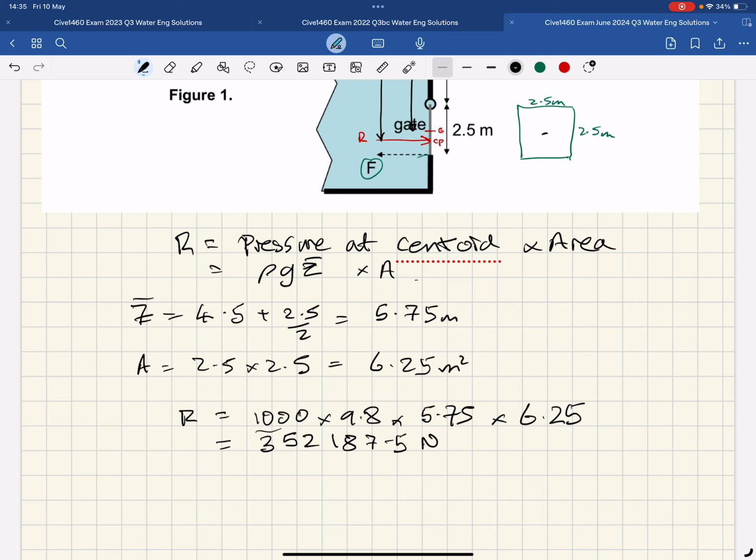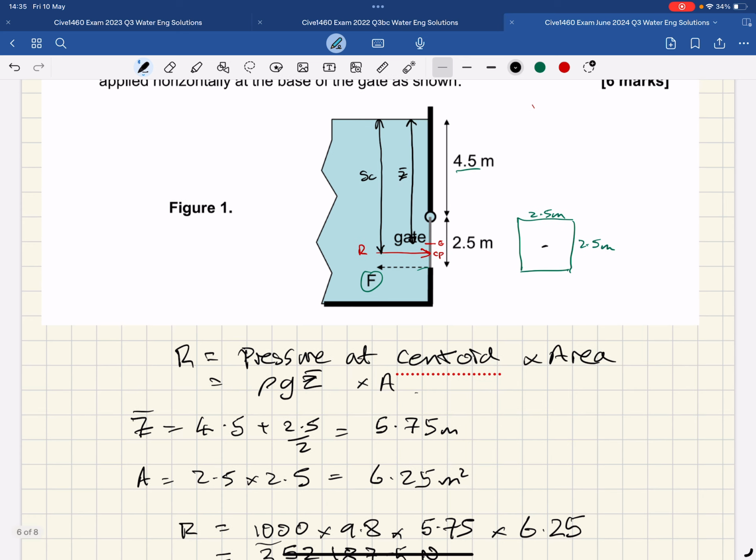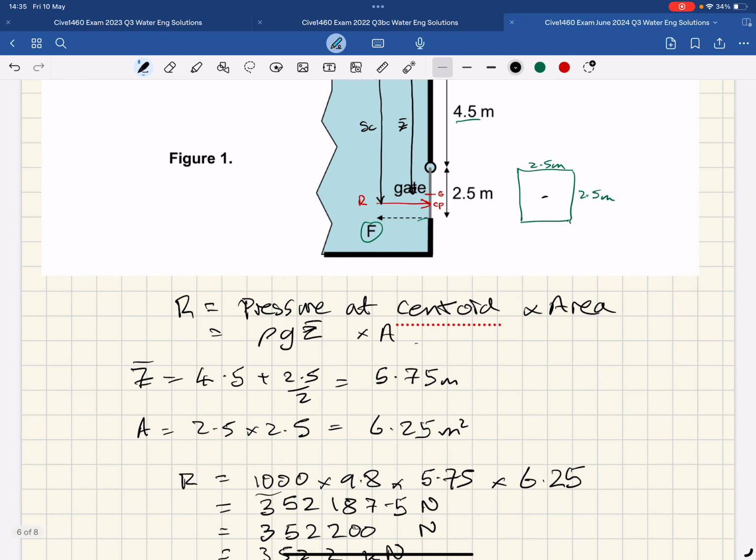We'll put this down to 4 significant figures for this question. Or in terms of kilonewtons, 352.2 kilonewton. Okay. So we're going to calculate the position of the centre of pressure.